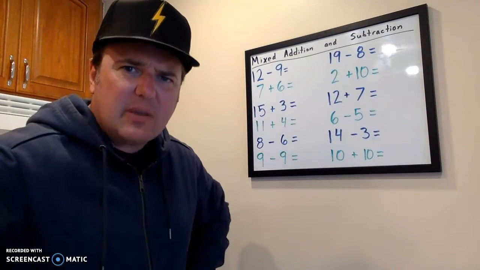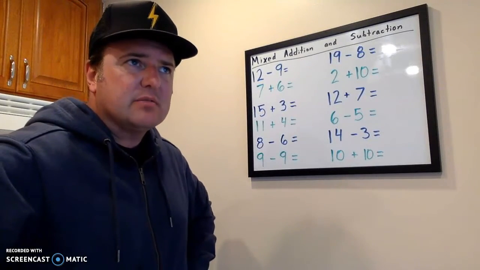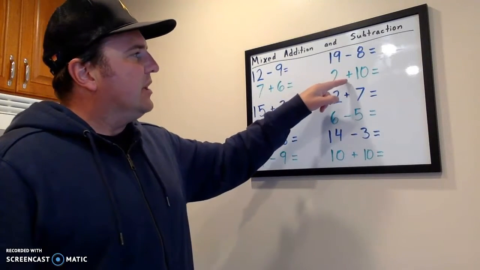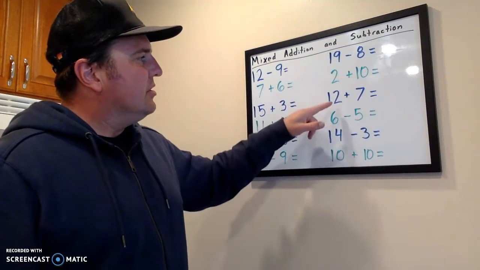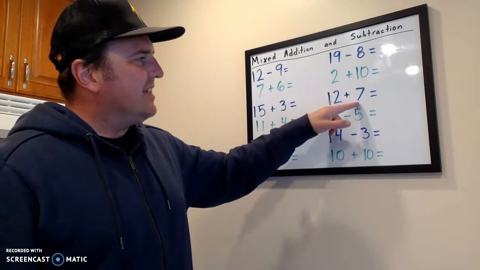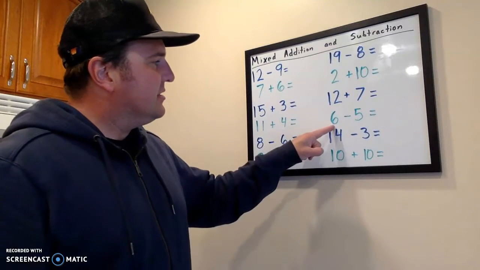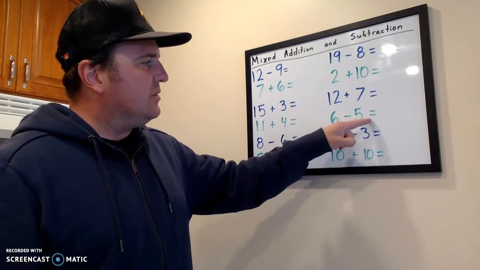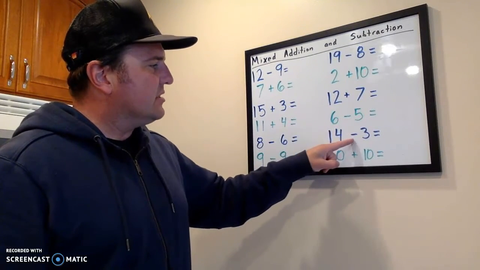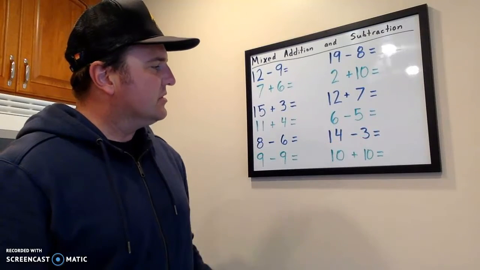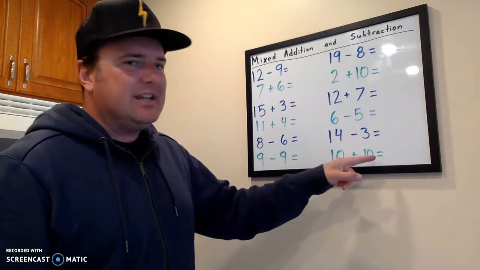Do you hear that? Sometimes I say minus, sometimes I say subtract. 12 plus 10 equals. 12 added to 7 equals. Sometimes you'll say plus or added. 6 subtract 5 equals. 14 subtract 3 equals. And 10 plus 10 equals.